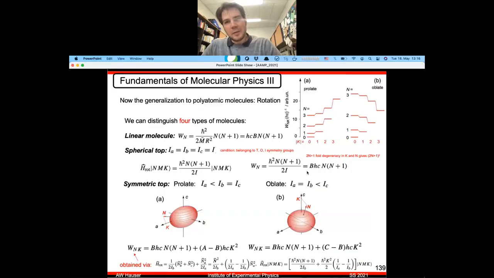The two that are equivalent can be those with the higher value or can be those with the lower value. If we have a molecule where after diagonalization we have two eigenvalues which are identical and which are the larger ones, then the shape of our molecule is something we will describe as prolate. So it's this cigar type shape.